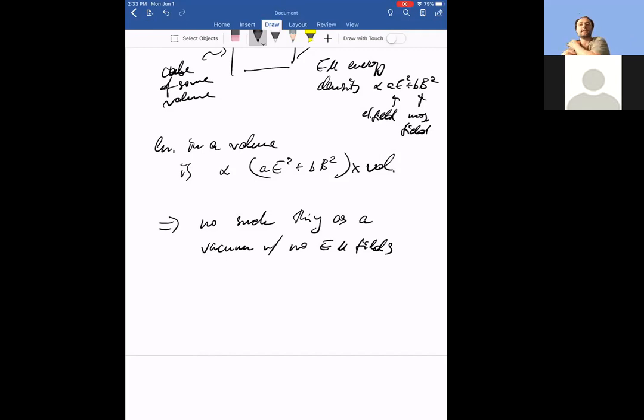And because of these fluctuations, which are again related to the uncertainty principle, every once in a while the fields will experience an excitation. And an excitation of a field is actually equivalent to a particle. A particle is an excitation of a field.